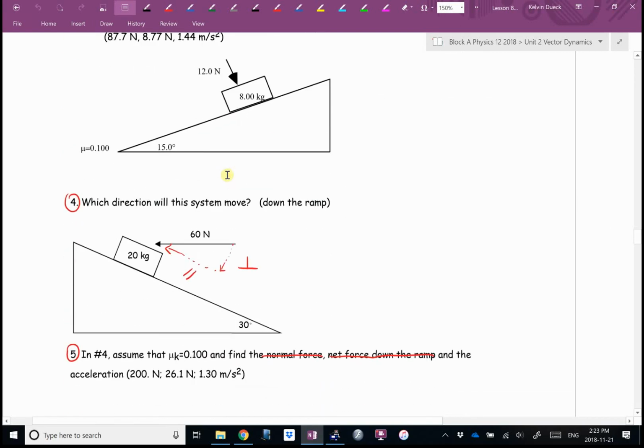Four, although for number 4, I think I would break that 60 up into components, parallel and perpendicular this time. Number 5, although in number 5, just find the acceleration, please. So you can cross out, find the normal force, and cross out, find the net force down the ramp.